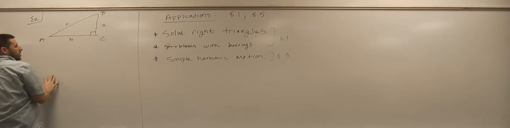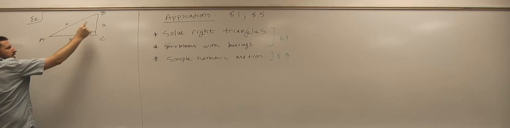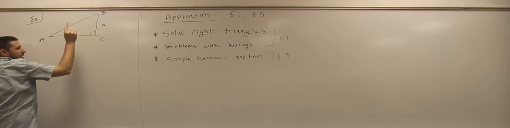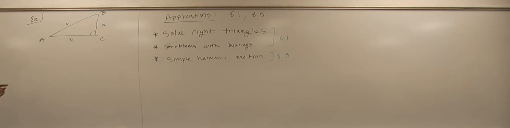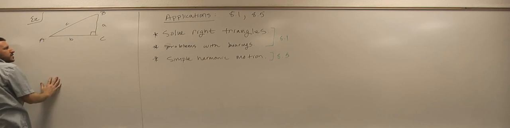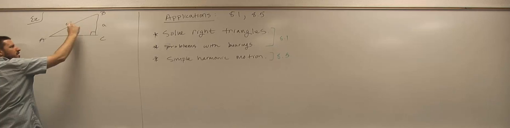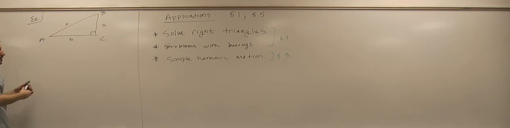You could get the picture on your own because you know that capital A is always across from lowercase a, and capital C is always across from lowercase c. I'll talk more about this when we get into law of sines and law of cosines, but there is a logic to the way this is labeled. The capital letters are the angles, and the lowercase sides are directly across from the angles.